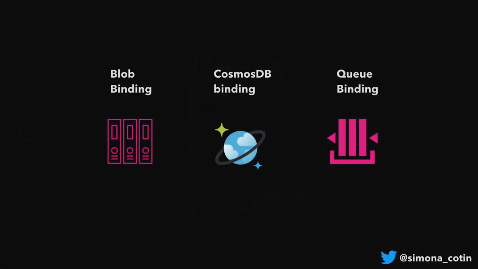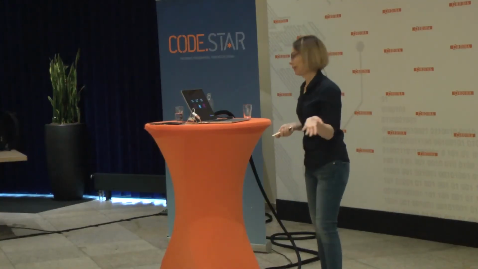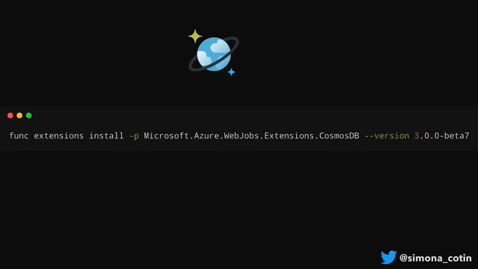And there's different types of bindings. So the blob one is a binding, Cosmos DB can be a binding, and also queue. There's other services in Azure, and you can create your custom bindings as well. For Cosmos DB, in version 2, it's an external extension which you have to install by running func extensions install, which is the CLI.